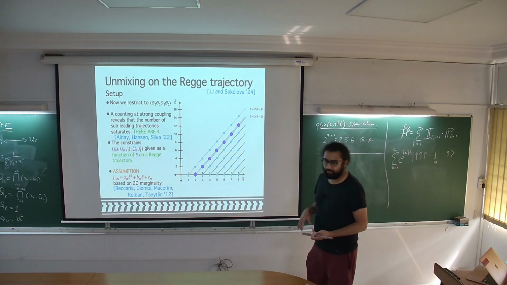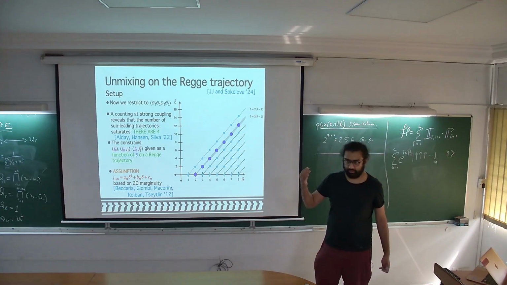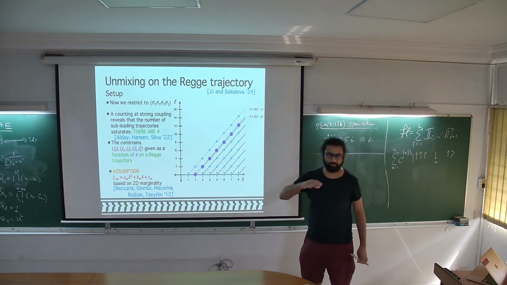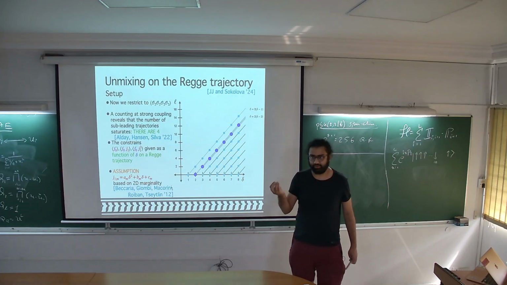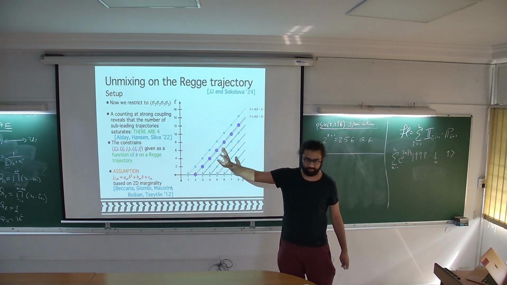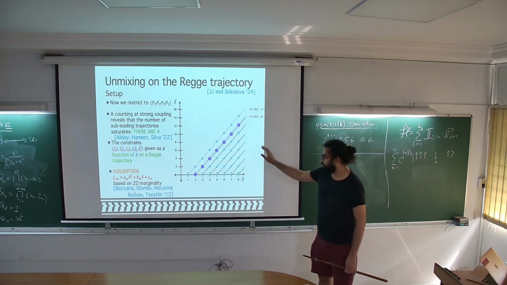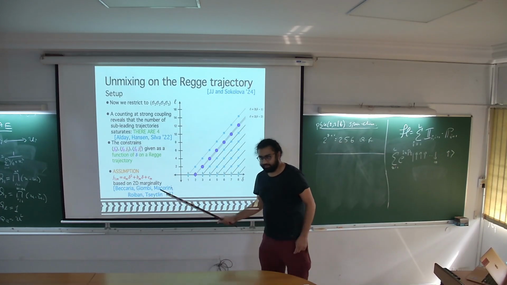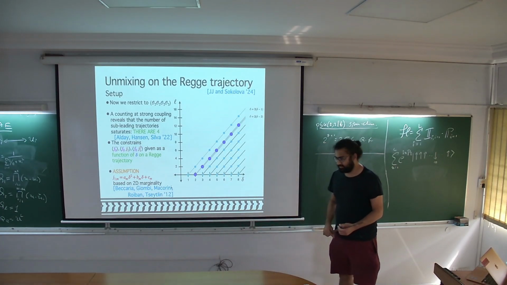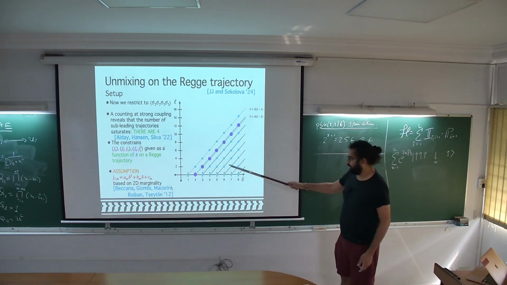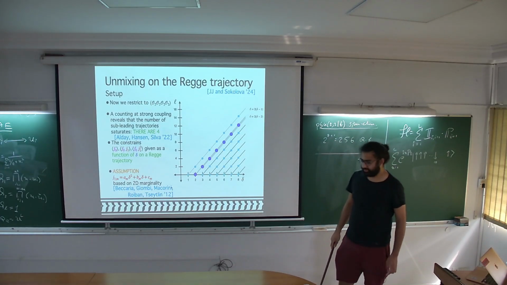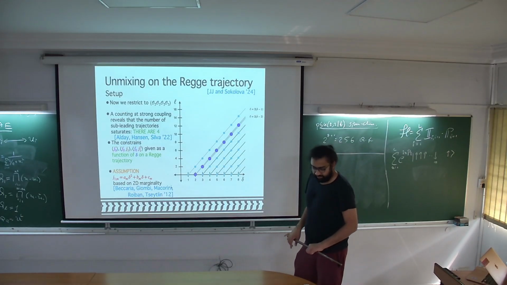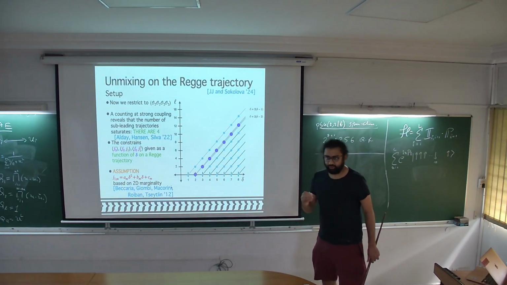So now it's actually possible to pose a problem to try to unmix these leading order OPE coefficients on these 4 rigid trajectories. So that's what we tried to do. Again, here we have 3 constraints. In general, we have 4 OPE coefficients, but we want to solve on a rigid trajectory.